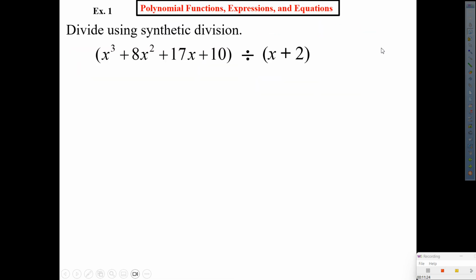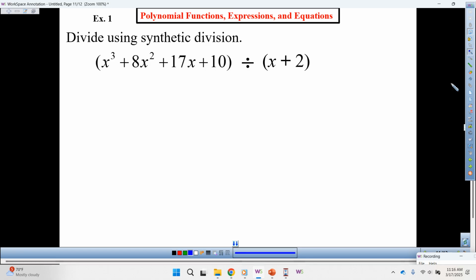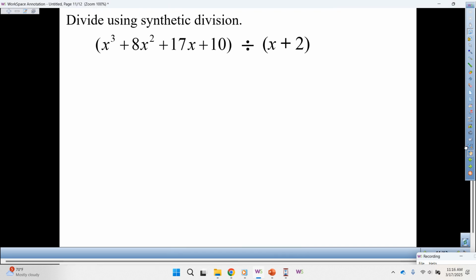Copy this one. Example 1. Divide using synthetic division. This is going to go pretty fast, so stay focused, please. We got x cubed plus 8x squared plus 17x plus 10 divided by x plus 2. I'm just reviewing this process with you with a couple of them just to make sure you got it, because tomorrow you need all of this.